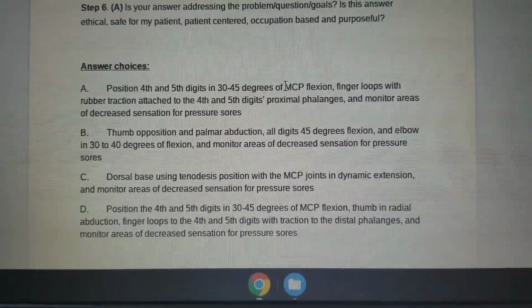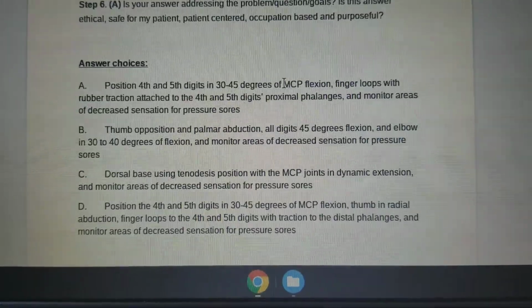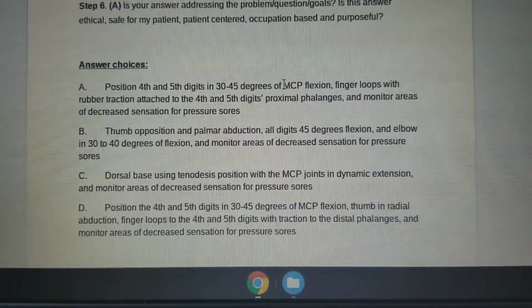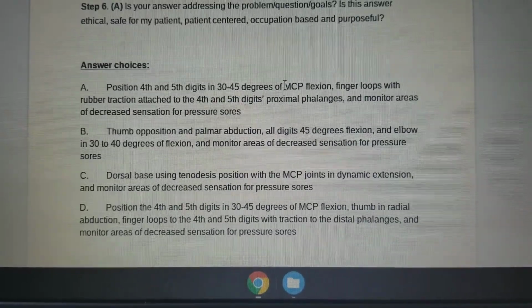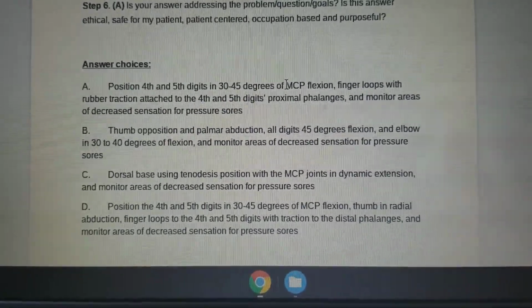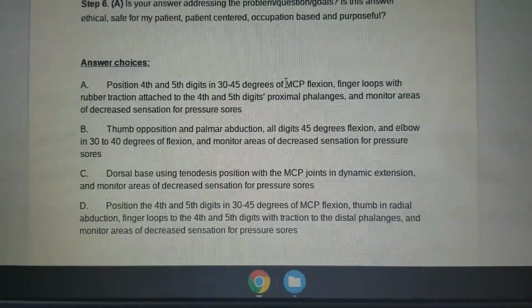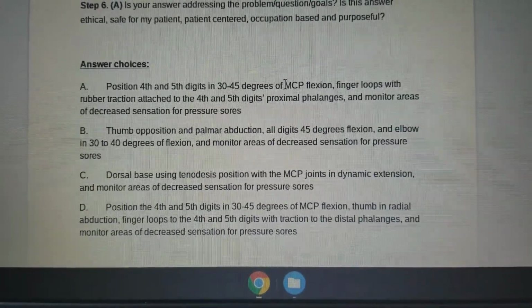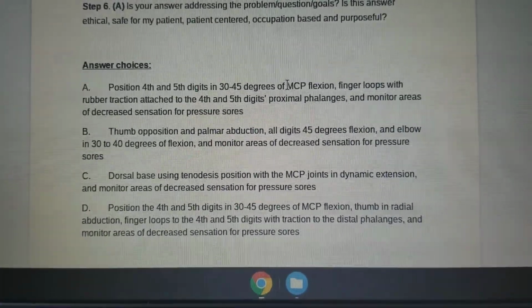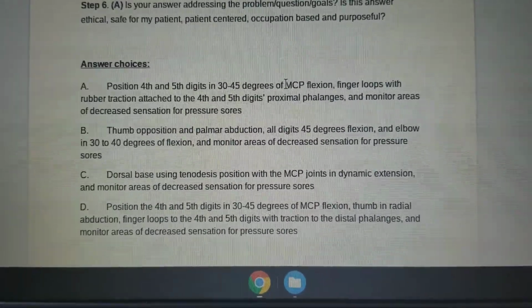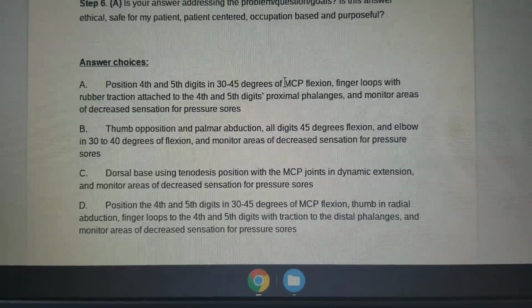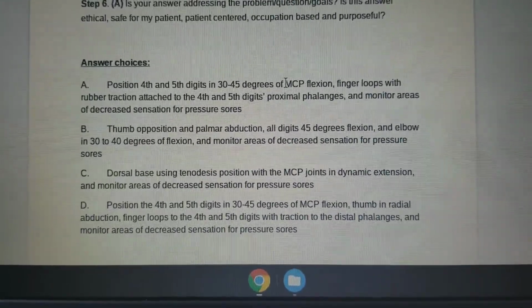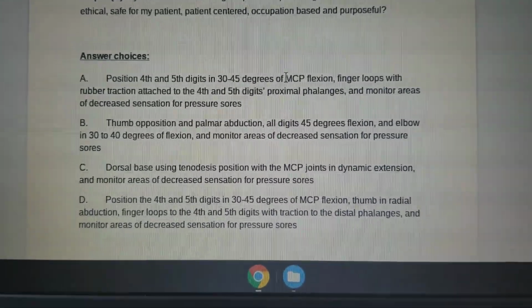C, dorsal base using tenodesis position with the MCP joints in dynamic extension, and monitor areas of decreased sensation for pressure sores. D, position the 4th and 5th digits in 30 to 45 degrees of MCP flexion, thumb in radial abduction, finger loops to the 4th and 5th digits with traction to the distal phalanges, and monitor areas of decreased sensation for pressure sores.